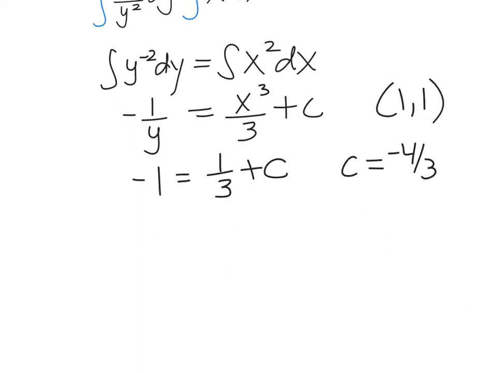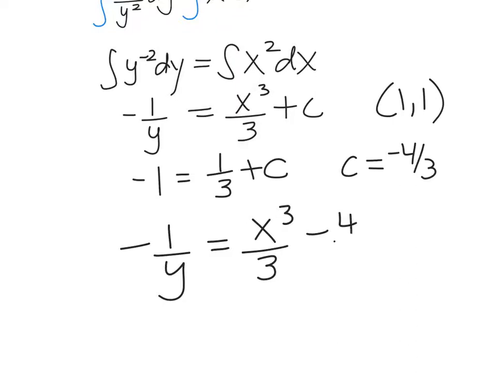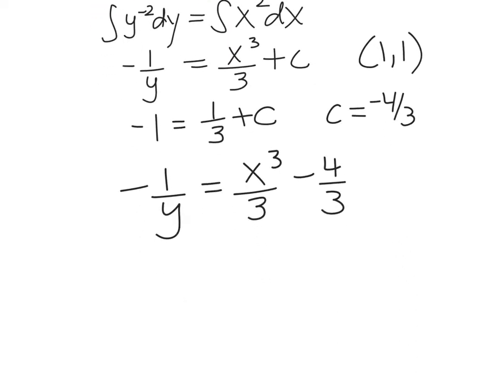Okay, we're going to go back and plug that into here. So we have negative 1 over y equals x cubed over 3 minus 4/3. Now we have to solve for y. Pretty gross, right?